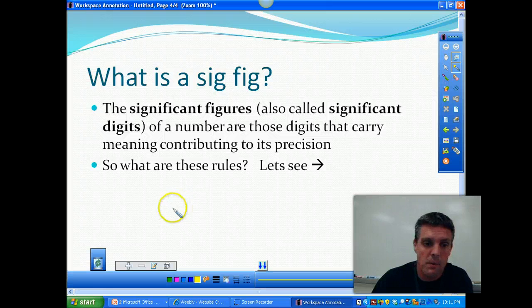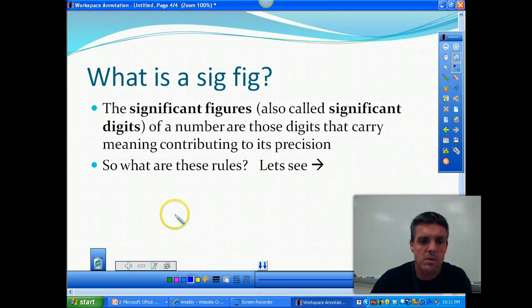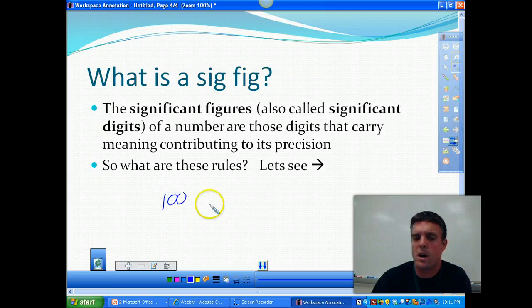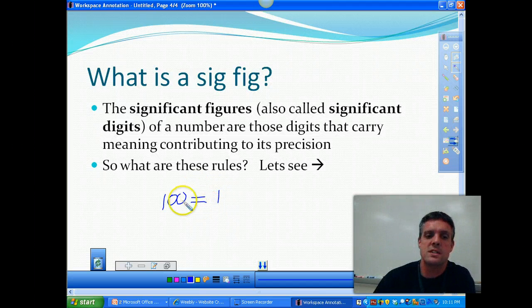Now there are rules for calculating significant figures, and here for a second, I'm going to write. Let's go to a color that stands out, like the numbers I used a second ago. The number 100 doesn't sound real precise in any way, and if I asked you how many significant figures there were, this one happens to have one, according to the rules that you'll see in a second.